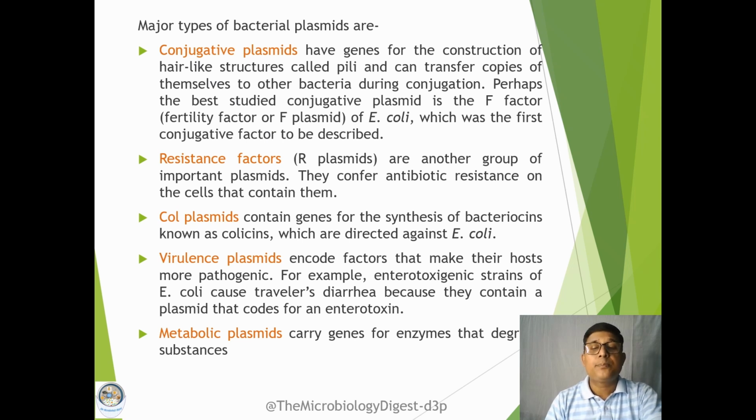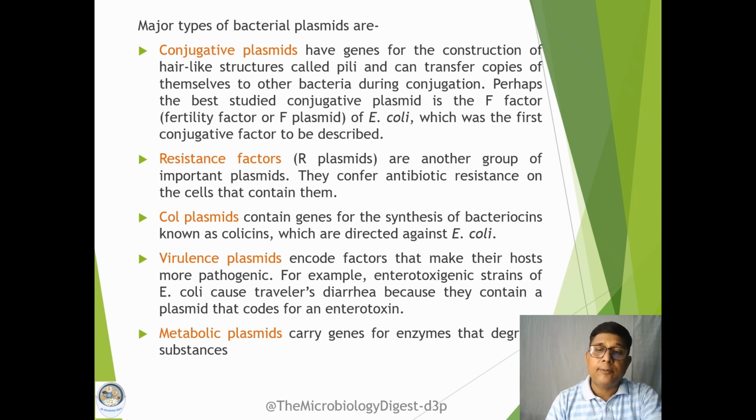Then col plasmids. These contain the genes required for synthesis of some bacteriocins, for example colicin by Escherichia coli. Then virulence plasmid, which encodes the factors that make a bacteria pathogenic. Then metabolic plasmids. These are the different types of plasmids present in bacteria.